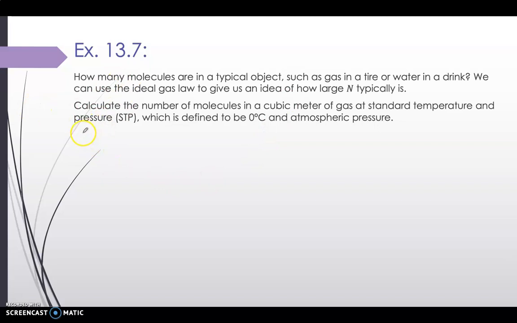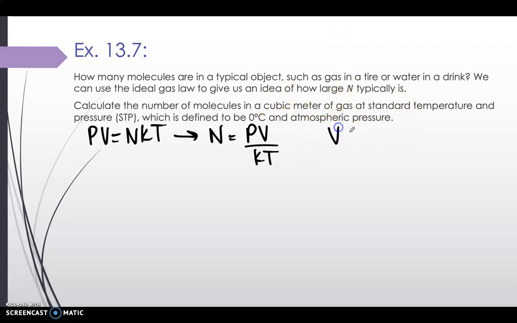So let's first write down our ideal gas law, PV equals NkT. And we want to know the number of molecules, so I'm going to solve for that. So N equals PV over kT. It states we have 1 cubic meter of gas, so the volume is going to be 1 meter cubed.